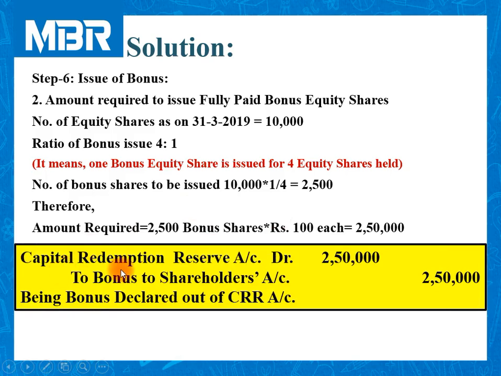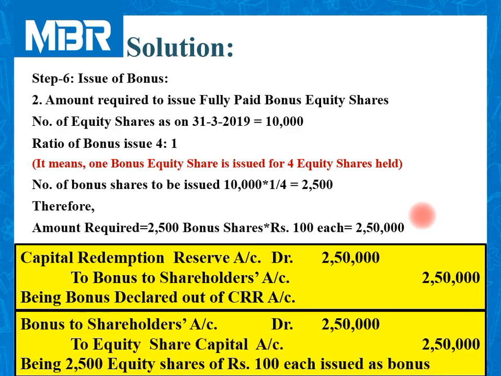So, capital redemption reserve account debited with rupees 2,50,000 to bonus to shareholders account rupees 2,50,000. And for the number of bonus shares issued by us: bonus to shareholders account 2,50,000, to equity share capital account 2,50,000. Narration is also mentioned for your reference.